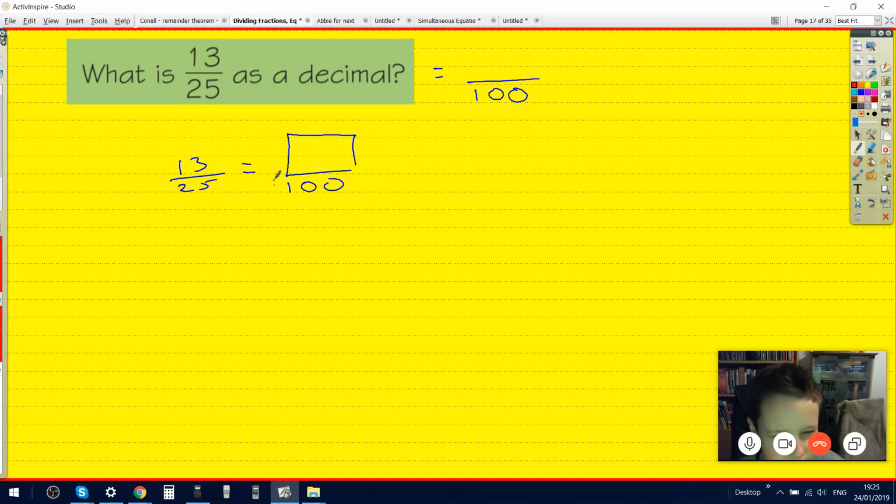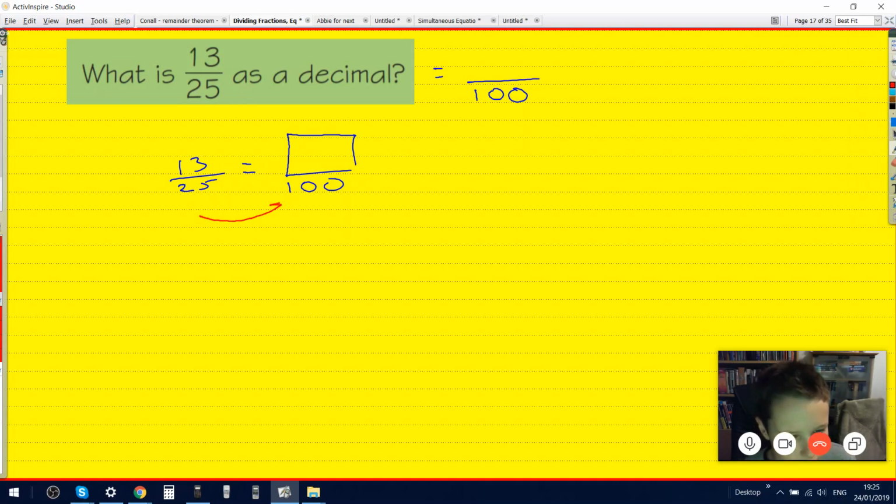What do you have to multiply 25 by to get 100? I think you need to multiply it 4 times. Yeah, so that's why you were thinking of quarters.